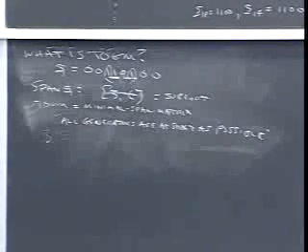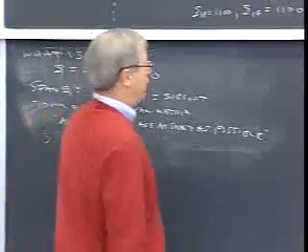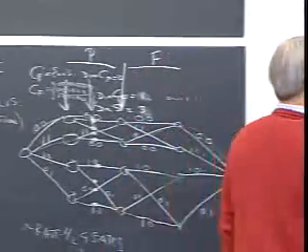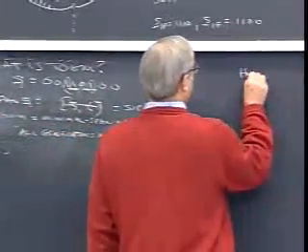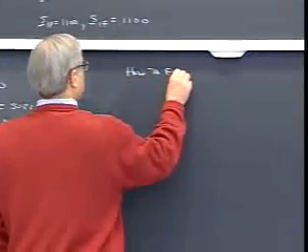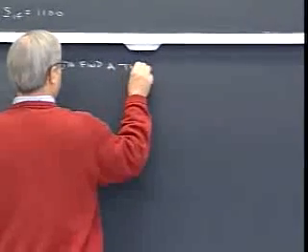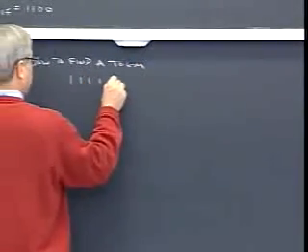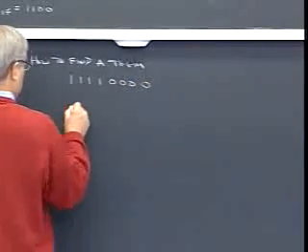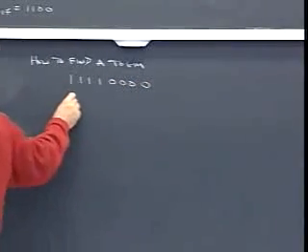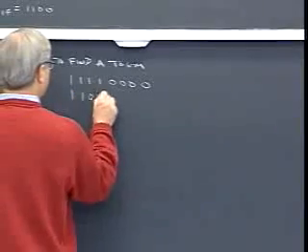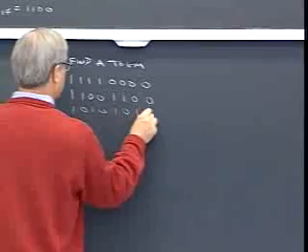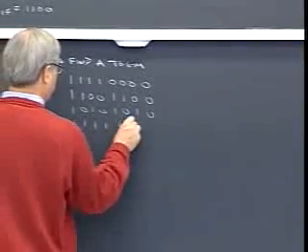But let me again give you an example and show you how to find a trellis-oriented generator matrix just by example. Let me take our example here: 1100, 1100, 1010, 1010, 11111111.